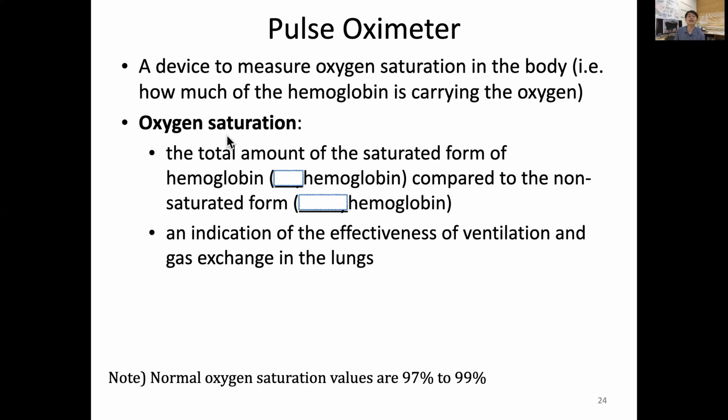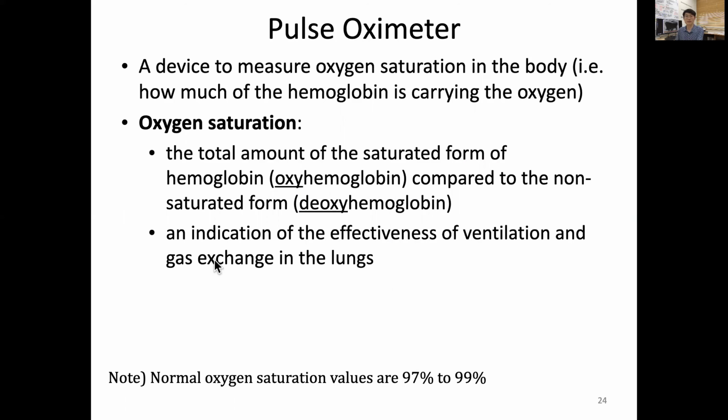Oxygen saturation is the total amount of the saturated form of hemoglobin, oxyhemoglobin, compared to the non-saturated form, deoxyhemoglobin. This oxygen saturation is an indicator of the effectiveness of a person's ventilation and gas exchange in the lungs.